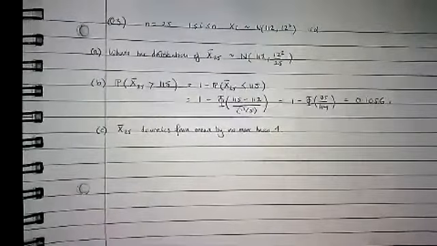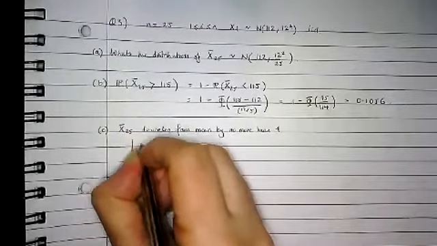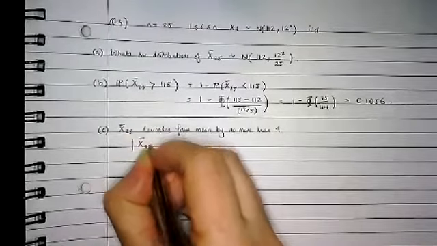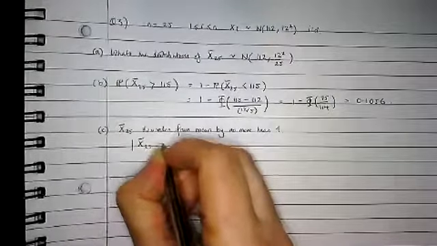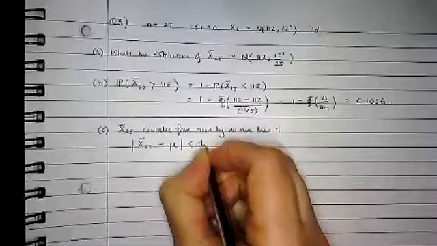We've got loads of possible ways of looking at this. So we could say that the absolute value of the difference between x bar 25 minus the population mean is less than 1.